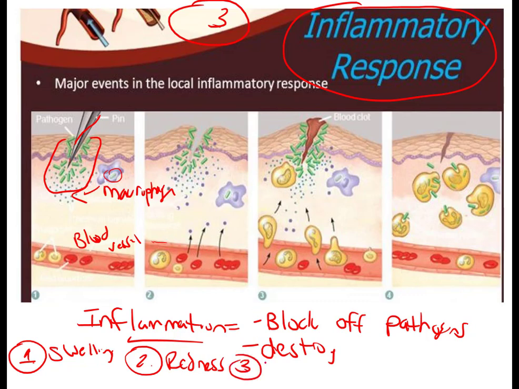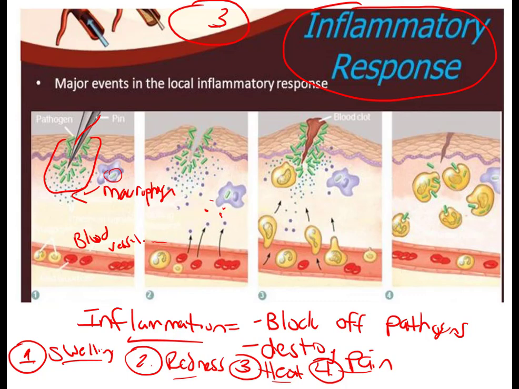Then you start to feel some heat because your skin's going to feel a little hot at the site where the blood vessel's coming out. And lastly, because this macrophage is releasing these chemical signals, this leads to pain. So the cardinal signs of inflammation are always swelling, redness, heat, and pain. That's how you know your body's going through an inflammatory response.